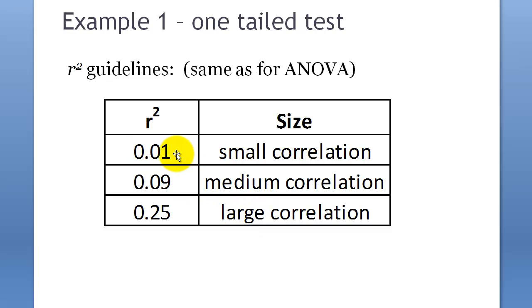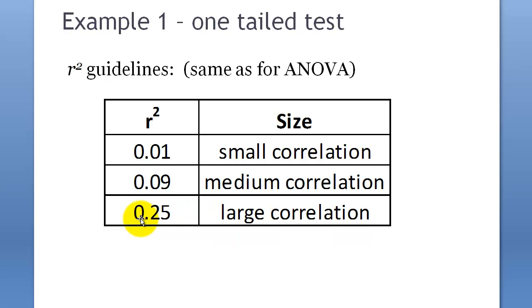What it means is that 0.01 and above, and less than 0.09, is a small correlation. The medium correlation is 0.09 and above, and less than 0.25.